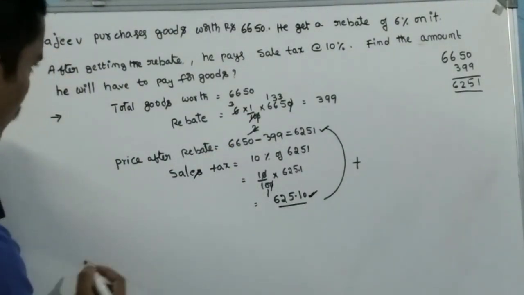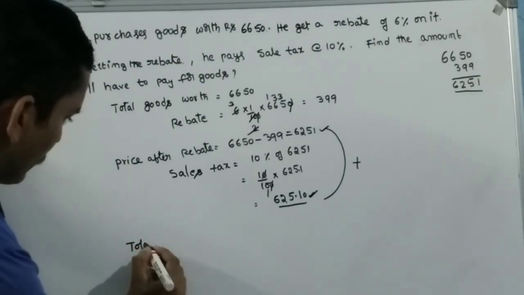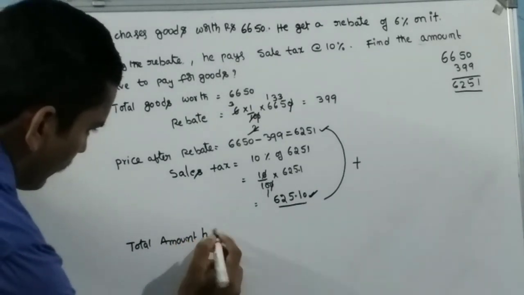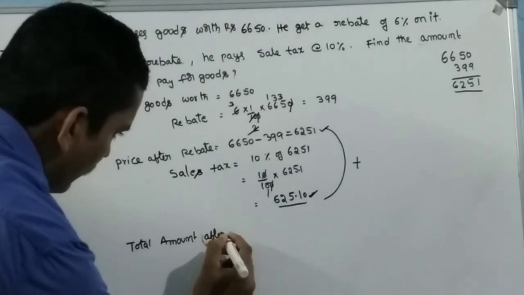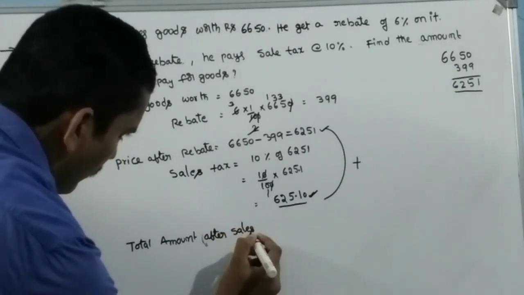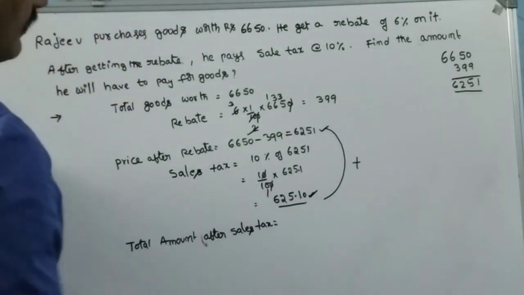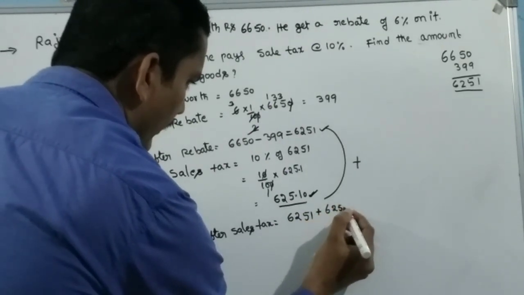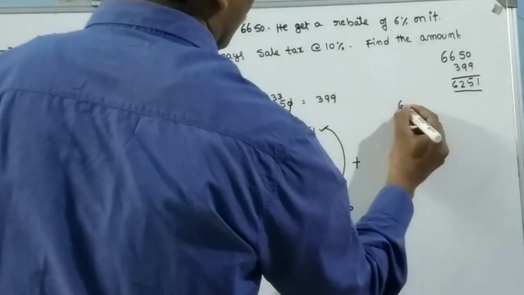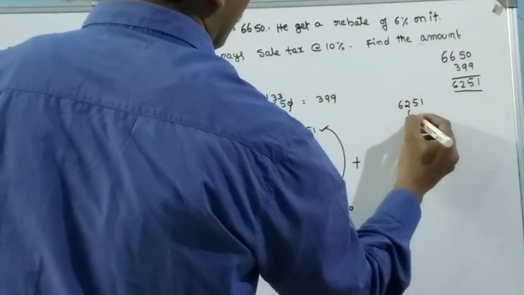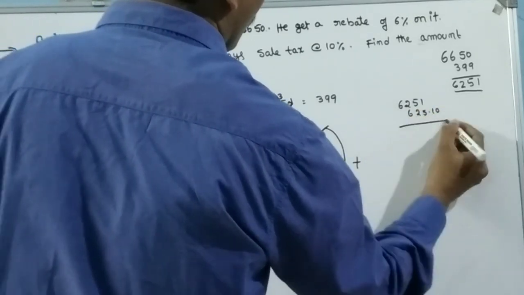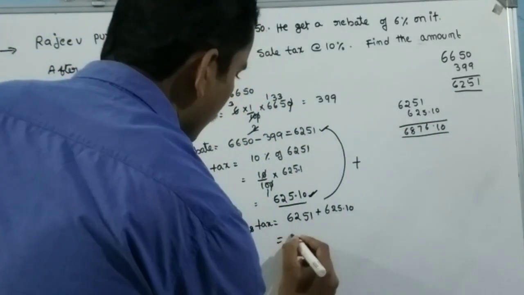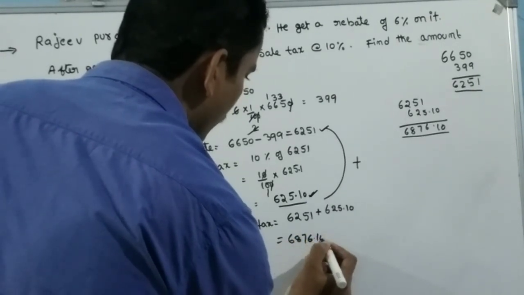So total amount he has to pay after sales tax equals 6,251 plus 625.10, which is 6,876.10.